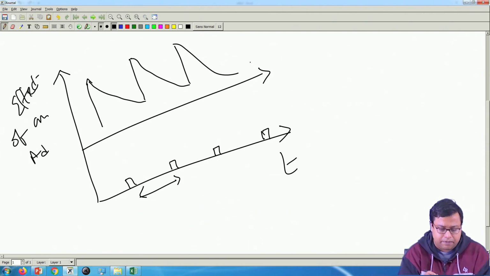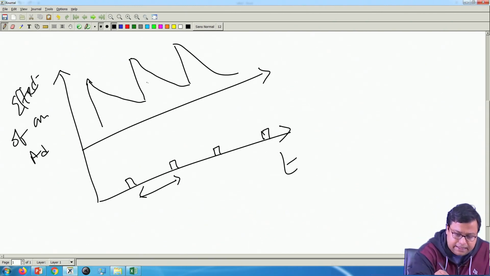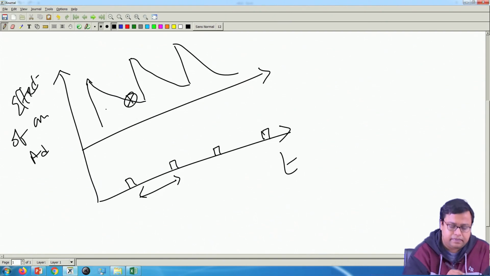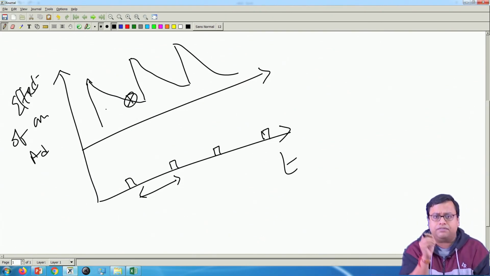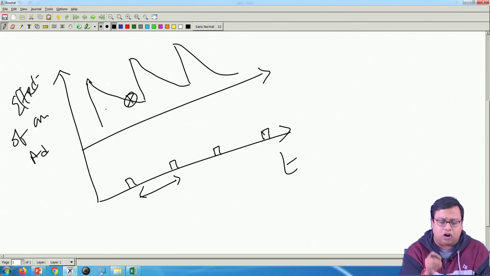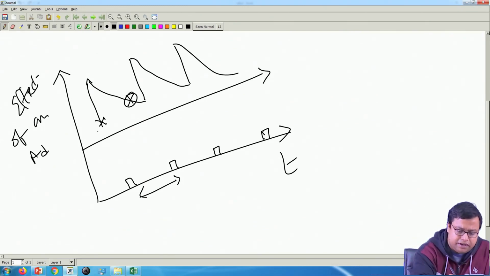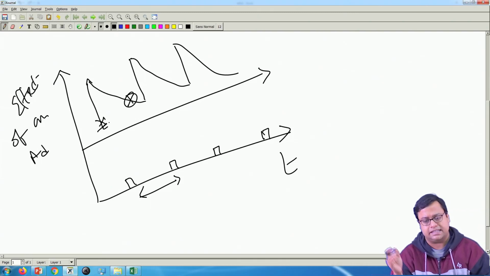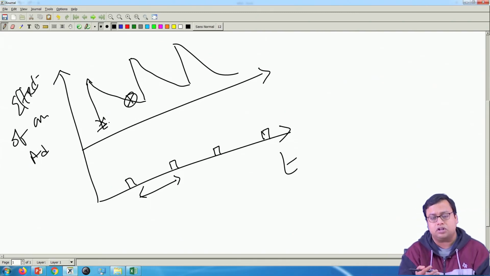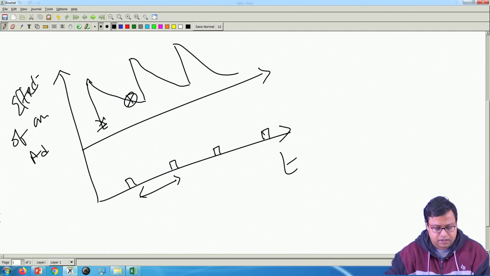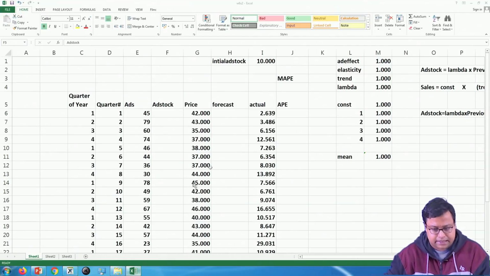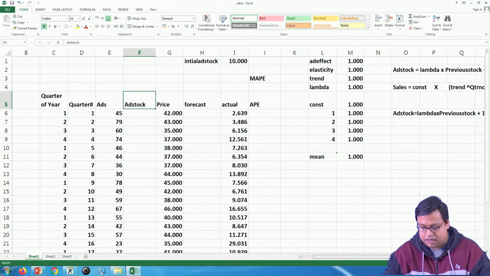All I am trying to say is that the effect of the ad at this point depends on how much ad you have given here and how much decay has happened. Based on that assumption, lots of equations have been created. One of them is like this, where there is something called ad effect.